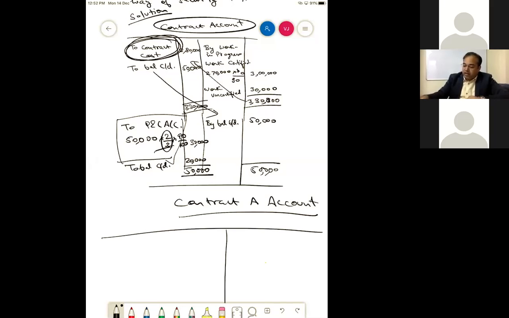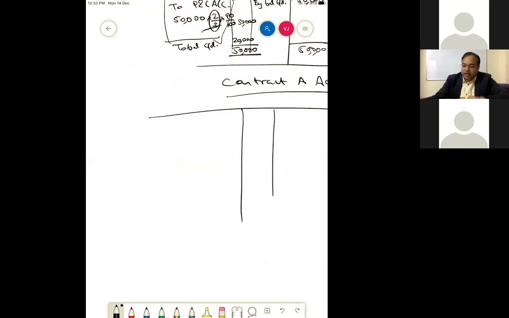When we are making this, to keep on your left hand side, like when you purchase the material. Initially we started with the stock ledger account. In stock ledger account, we learned how to maintain your stock on the basis of LIFO and FIFO. We have discussed two things.